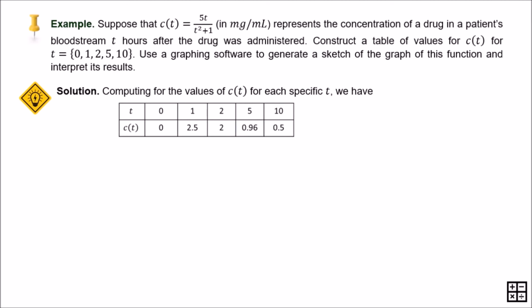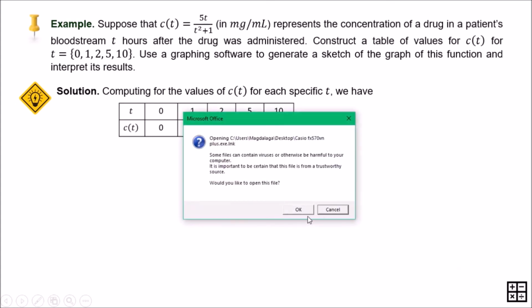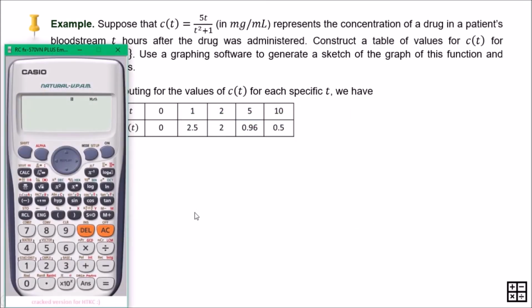Solution. Computing for the values of c of t for each specific t, we have the following results. To illustrate how these values were obtained, let's make a sample calculation. Let's say we compute for the value of c of t at t equals 5. So in our calculator, we construct our function for the value t equals 5.